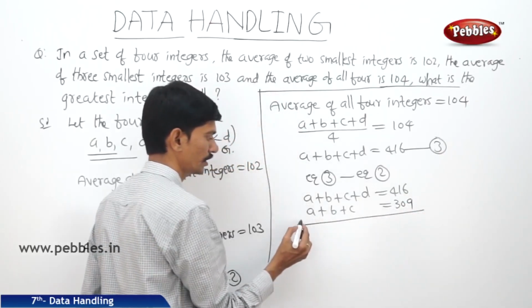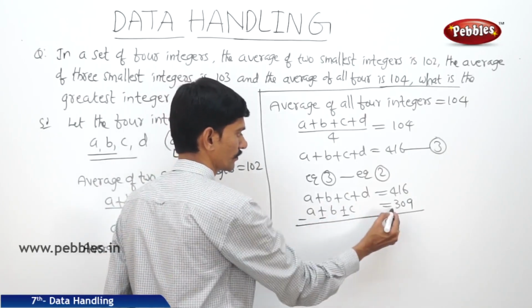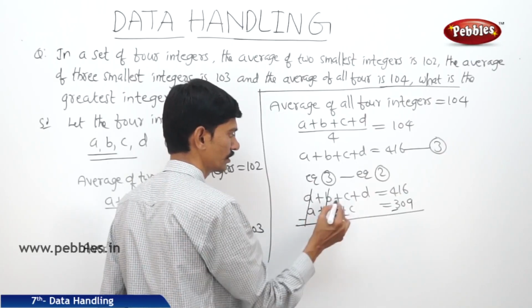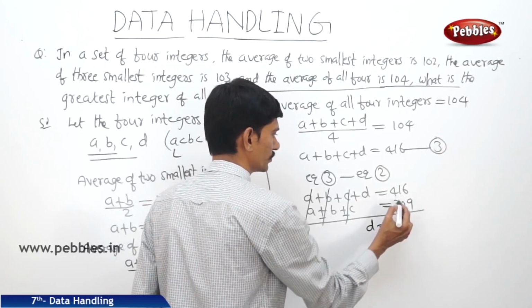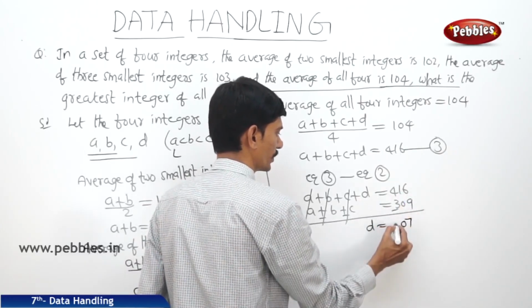When we subtract, we change the sign of each term of the second expression. Now plus a minus a cancel, plus b minus b cancel, plus c minus c cancel, then we get d equals 416 minus 309, 107.